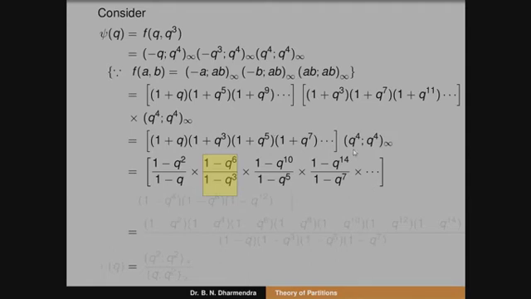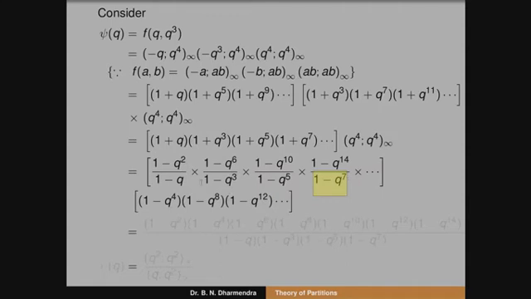The next one is q to the power of 4, q to the power of 4 infinity, that is 1 minus q to the power of 4 into 1 minus q to the power of 8 into 1 minus q to the power of 12, up to infinite terms. We can observe that the denominator terms are odd numbers: 1 minus q, 1 minus q cube, 1 minus q to the power of 5, 1 minus q to the power of 7.